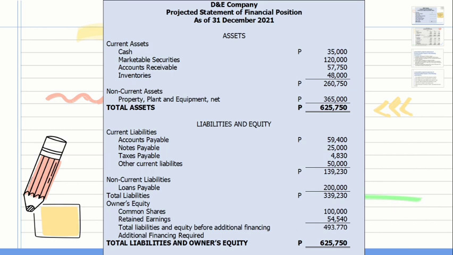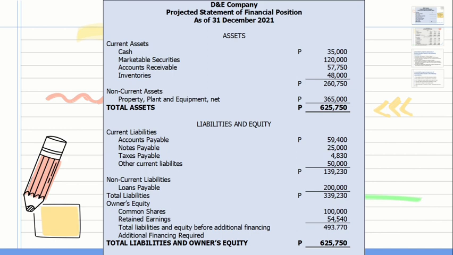So our total liabilities and equity before additional financing is 493,770. However, dapat ang atong total liabilities and owner's equity equal sa total assets. So, naatay kuwang. So, we will need additional financing, which is, ato siyang i-minus 625,750 minus 493,770.